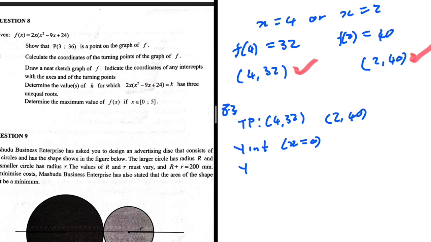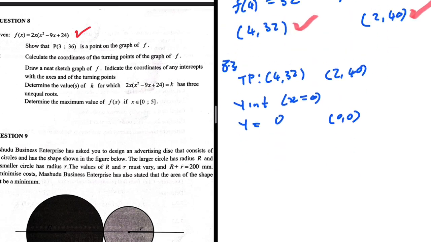If we substitute 0 into this equation, everything cancels out and we just end up with y equals 0. So we have one x-intercept as well, because we have 0 and 0 here. This is the coordinate (0, 0).